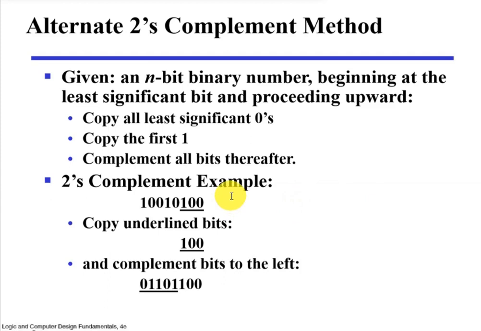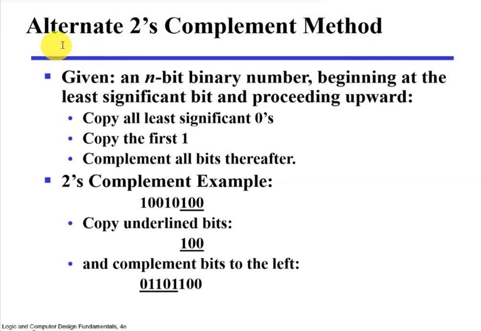We just reviewed that the 2's complement of a binary number is 1 added to the 1's complement of the binary number.